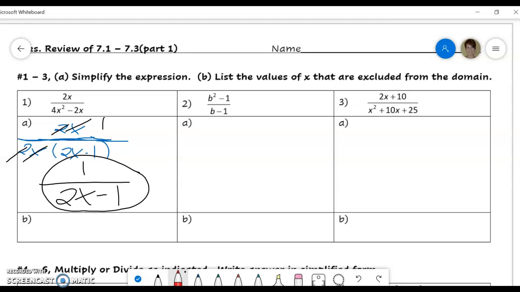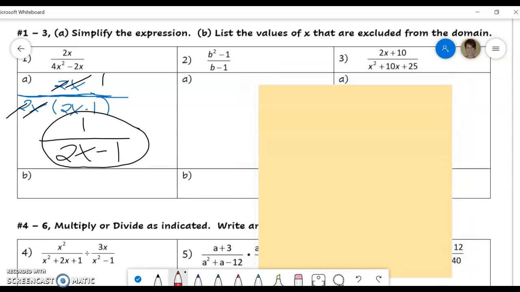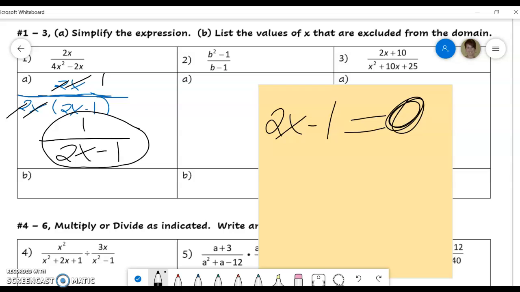Now, to answer part B, which is list the values of x that are excluded from the domain, we are asking ourselves, so I'm going to pull up a note to remind you what we did here, when will the denominator, which is 2x minus 1, equal 0? Because remember, when you divide by 0, that's called undefined. So we would have to exclude that value from our domain.